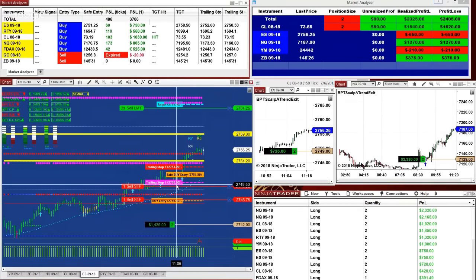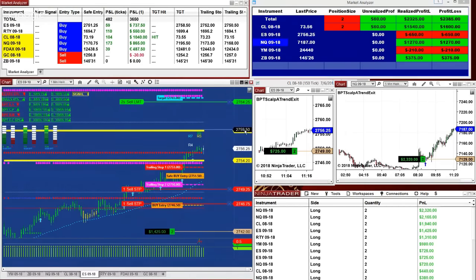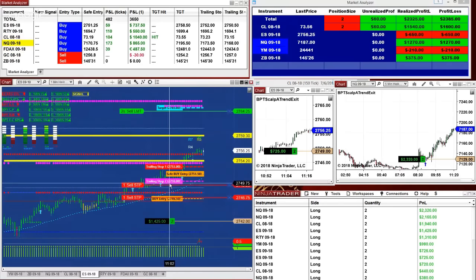Or if you decide to close that position, then you can close it. If you are using an ATM and you see 1400, you want to call it off for today, do that, and then you close. But the auto trade is going to stay on that trade until it gets its target.